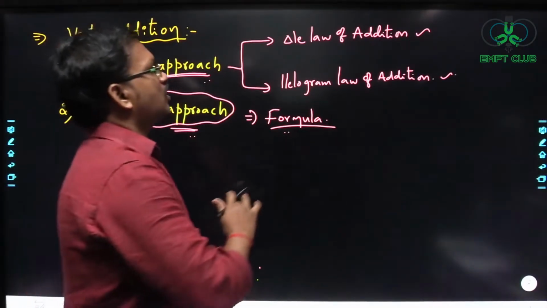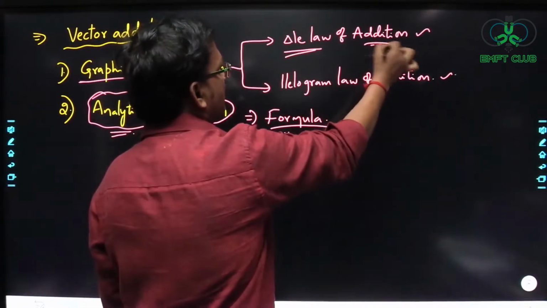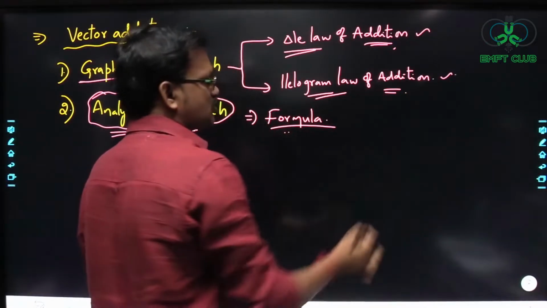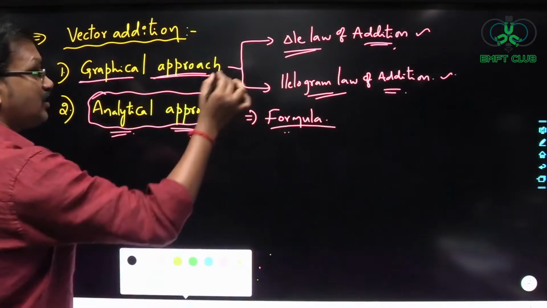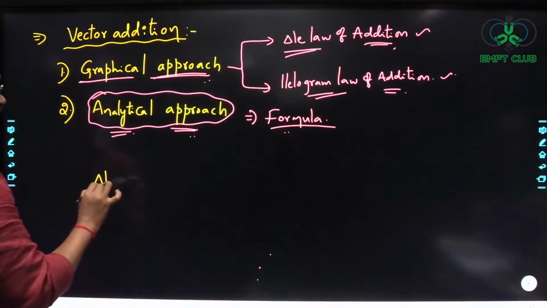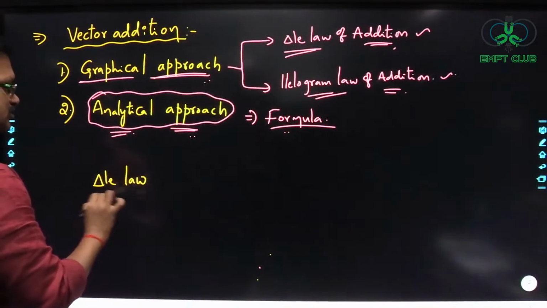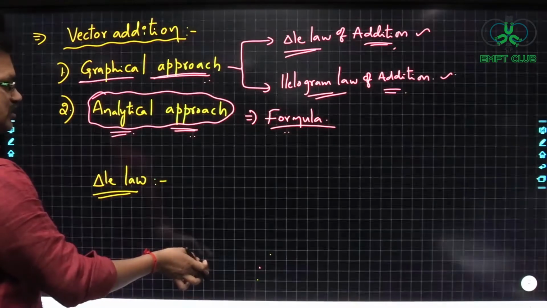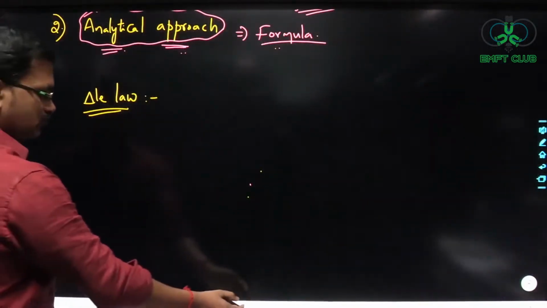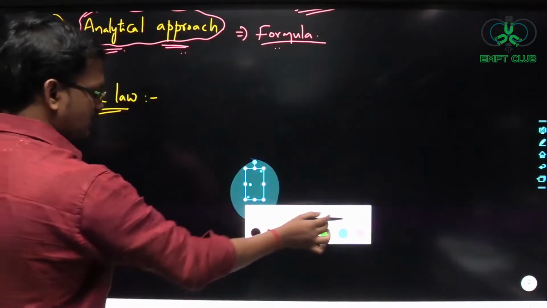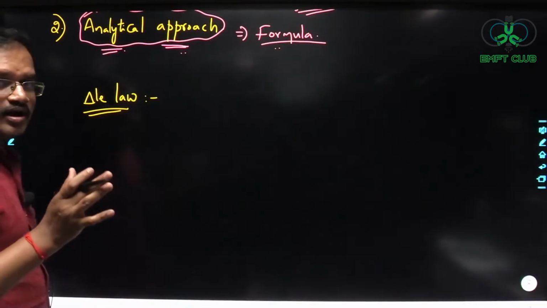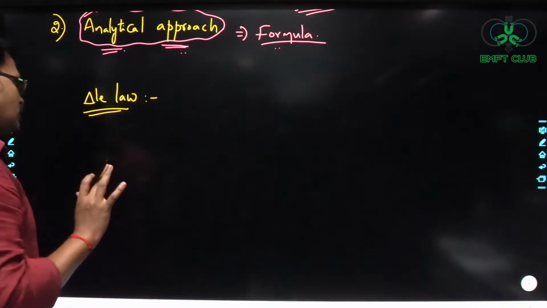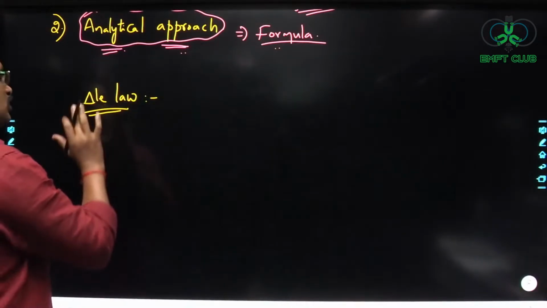I hope you know the triangle law of addition and parallelogram law of addition, so I will give you just a brief overview. There is no need to go into detail.